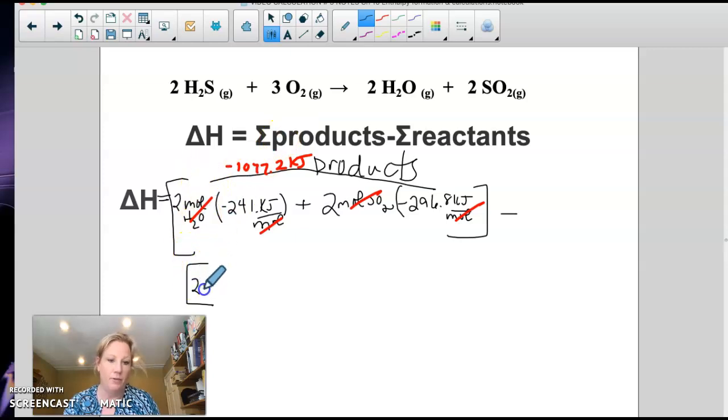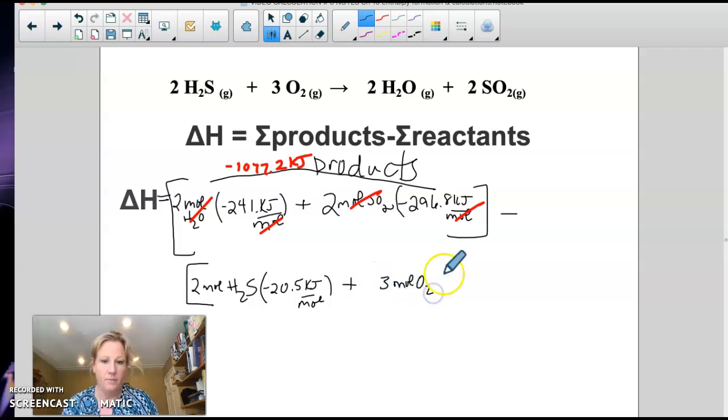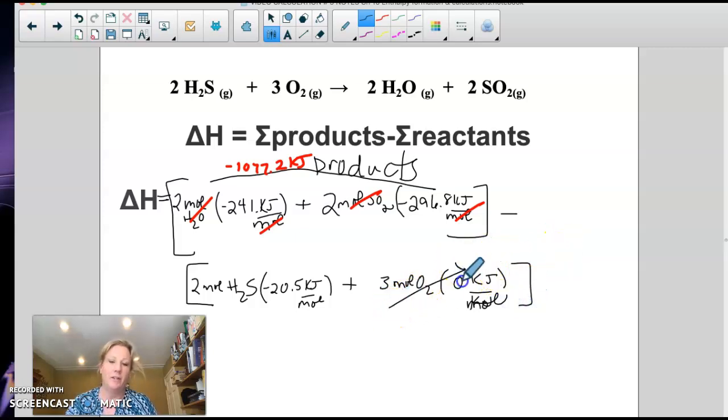Now I'm going to subtract the sum of the heat of formation of the reactants. So 2 moles of H2S, and I'm going to multiply by the heat of formation of the H2S. And then I'm going to add the 3 moles of oxygen, and the value is 0 for the heat of formation. Whoops, can't talk and write at the same time, just like in class. You don't have to include that term if you don't want to.